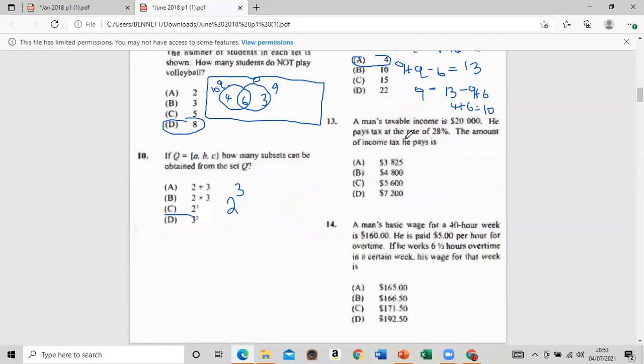A man has a taxable income of 20,000, he pays tax at a rate of 28%. The amount of income tax he pays is, so all we have to do is just find 28% of that. Remember guys, you're not allowed a calculator. So 20,000.